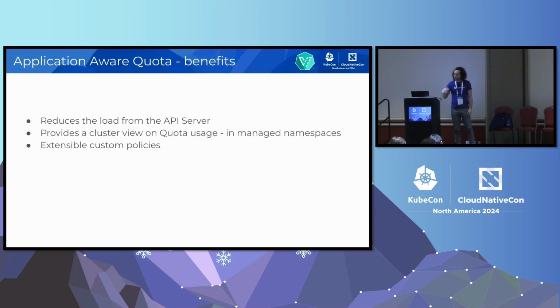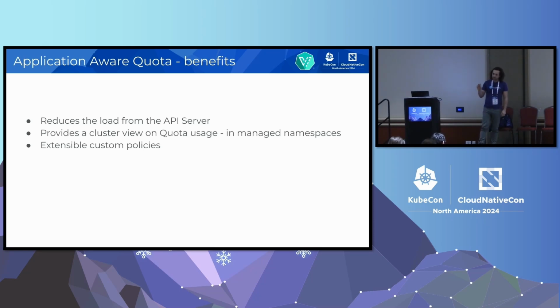Some benefits that we get by using this operator. First of all, we remove a bottleneck from the API server where previously a resource quota was calculated. And because we remove this bottleneck, the API server can spend more time processing requests than calculating quota.